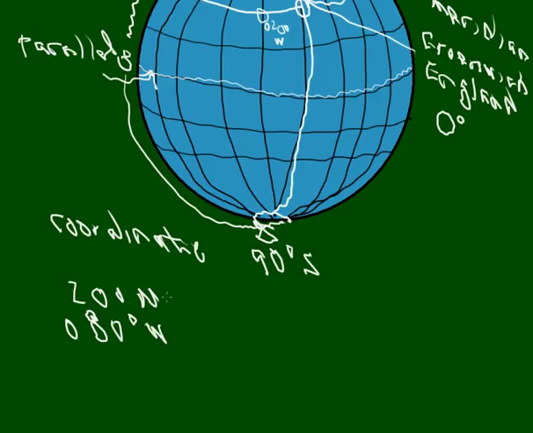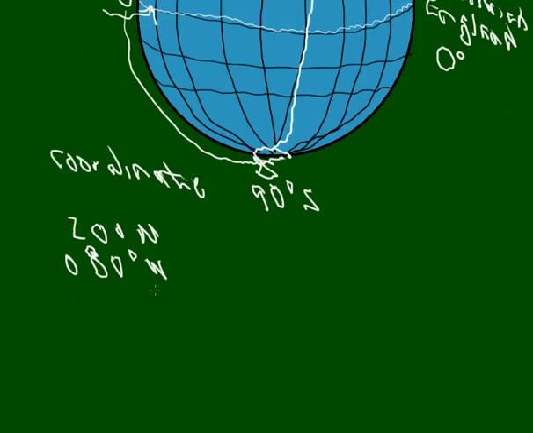You notice I state the degrees and then I state the hemisphere. Sometimes you can put the hemisphere first, so a coordinate might be stated as north 20 degrees, west 80 degrees, or north 20 degrees, west 080 degrees. So you can put the hemisphere either first or second. In my experience, most people tend to put the hemisphere after the number of degrees.